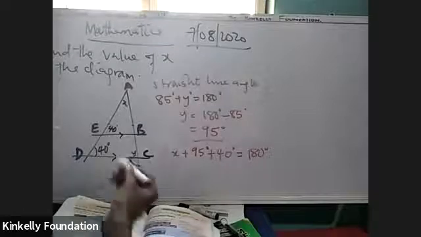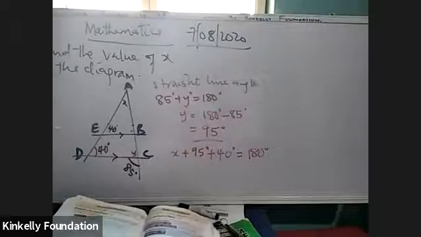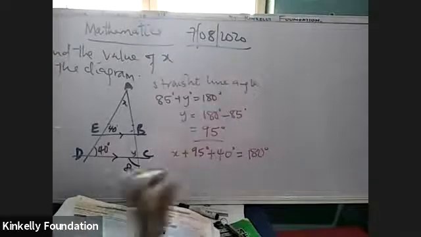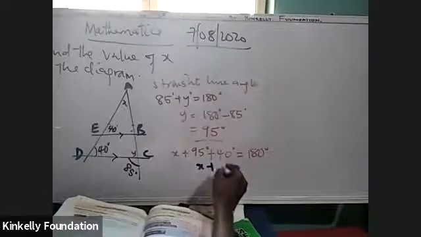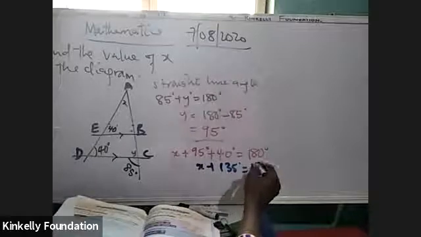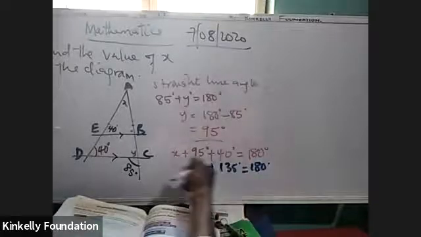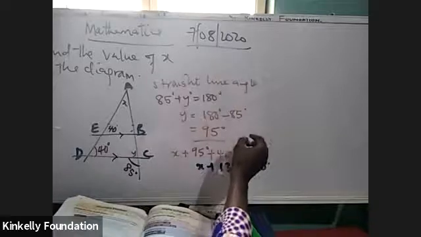180 degrees. If you also want to make it a 95, you see that here we got 95 because they are also corresponding angles. Now, we now have that S plus this is what? 135 degrees is equal to 180 degrees. Now, remember we said on this case that this is what? Angles in a what?